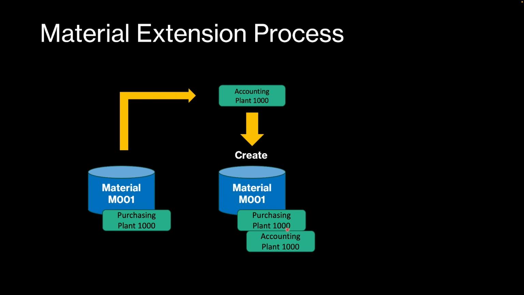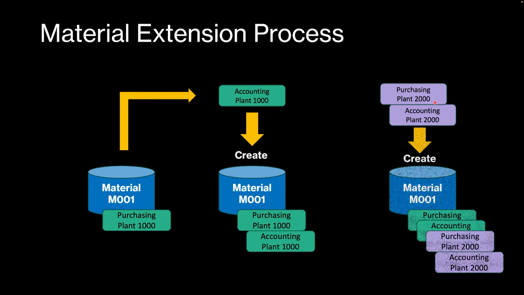Now let's say that you have to extend this material to another organizational element. Let's say that you have another plant where you have to extend this material with the purchasing view and the accounting view. So now you can see you want to extend this material to plant 2000 with purchasing and accounting view. So what does this mean? This basically means creating these views for plant 2000.